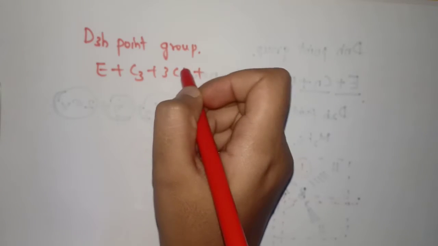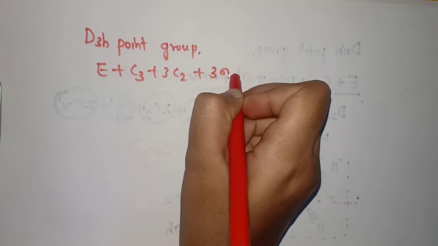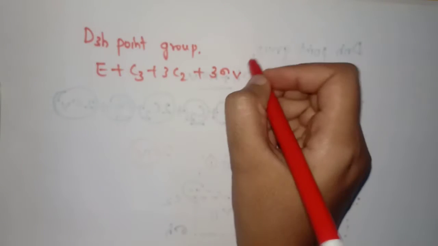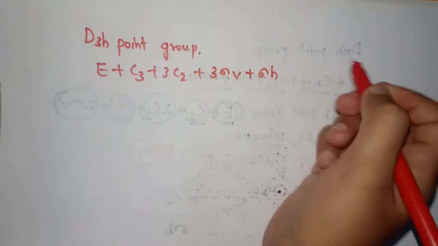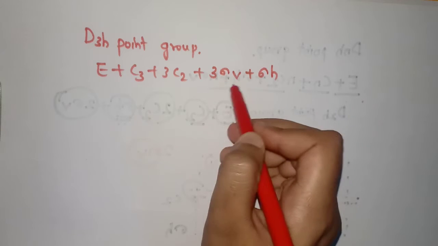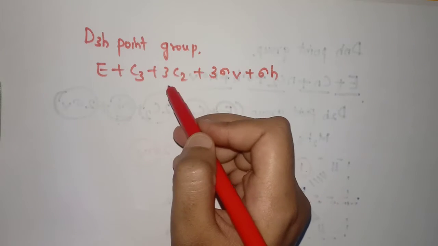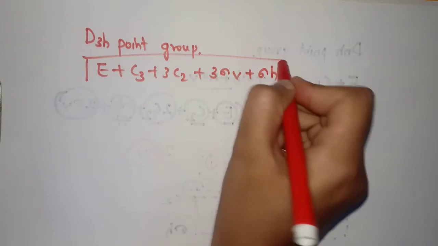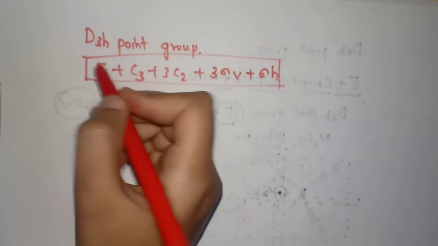If 3C2 is present, 3 sigma v are also present, and a sigma h. If a C3 axis is present, there will be 3 sigma v, 3C2. These are the symmetry elements present in this D3h point group.